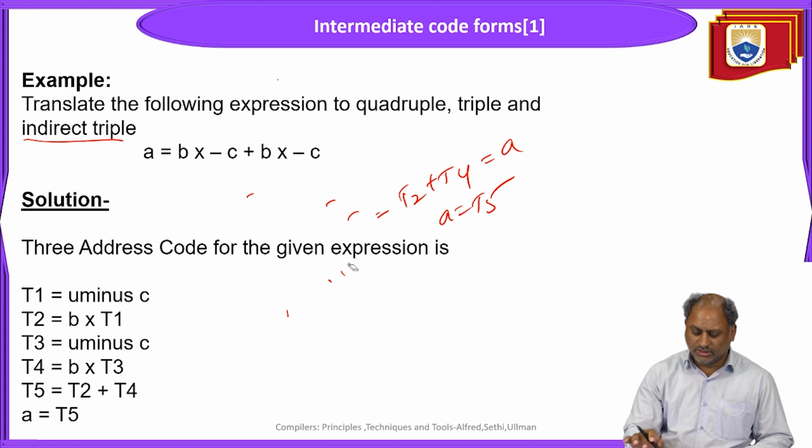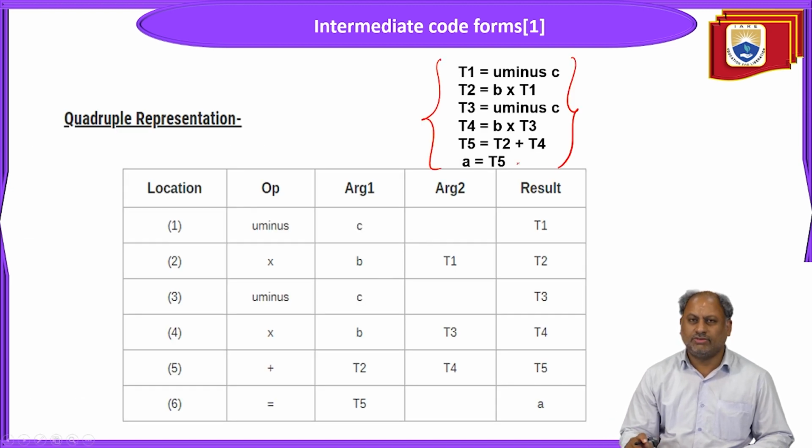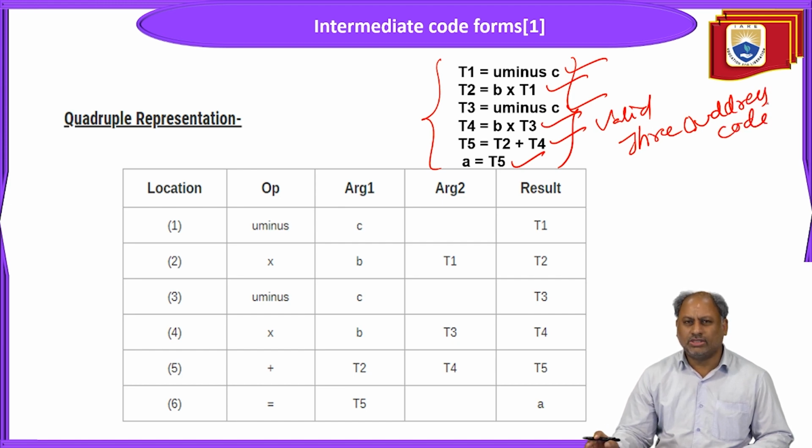See here, for each one we have to write separate columns: operator, argument 1, argument 2 and result. So all these sub expressions we have considered, each is to be considered as a 3 address code notation. We have to convert the expression into smaller sub expressions, which are all valid 3 address code notations. Otherwise it is not able to be represented inside a quadruple.